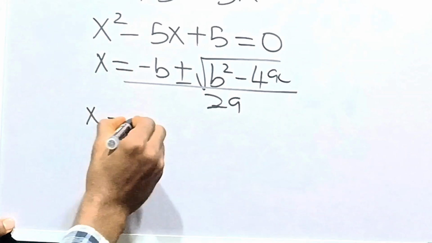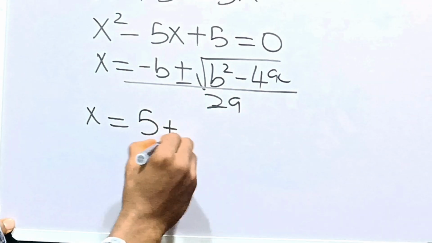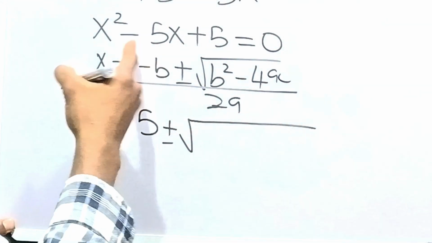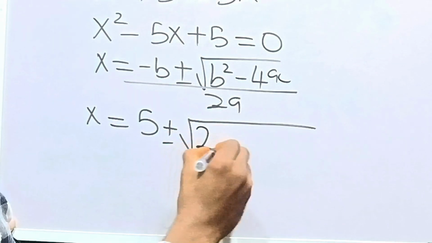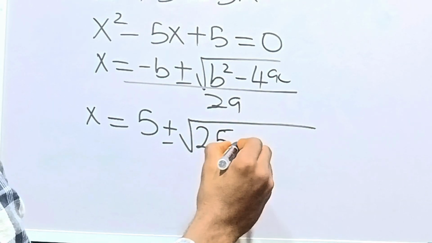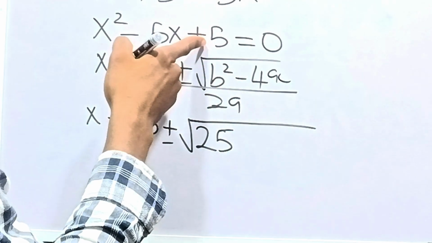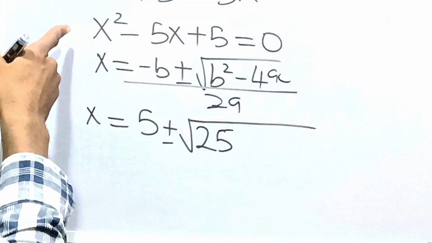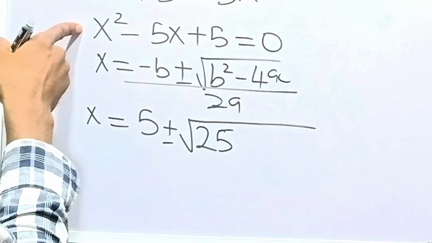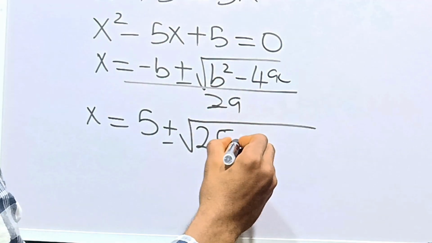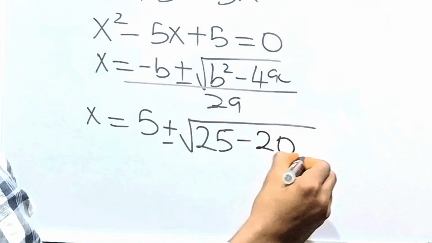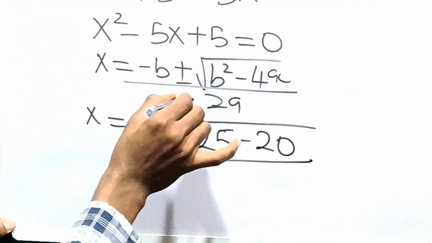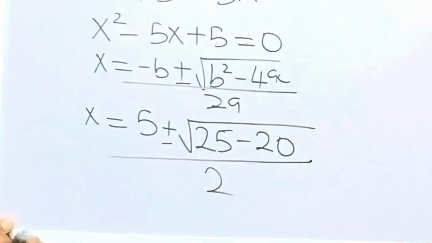Minus times minus 5 is 5, plus or minus the square root of minus 5 squared, which is 25, minus 4 times a times c, so this is c and this is a. So minus 4 times 1 is minus 4, times 5 is minus 20, divided by 2 times 1, which is 2.